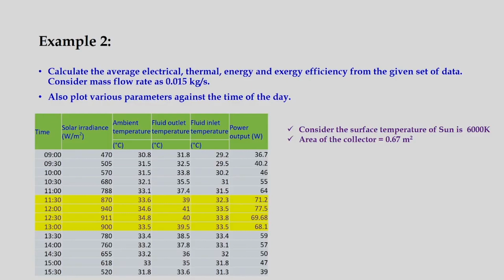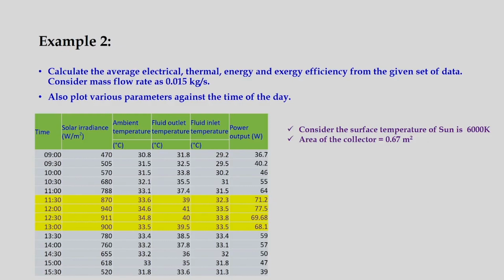So, this is the timing and solar radiation is given here. So, this is global radiation and we have used pyranometer, and then ambient temperature is recorded and fluid outlet temperature is also recorded and fluid inlet temperature is here, and then output power is known from the IV tracer.